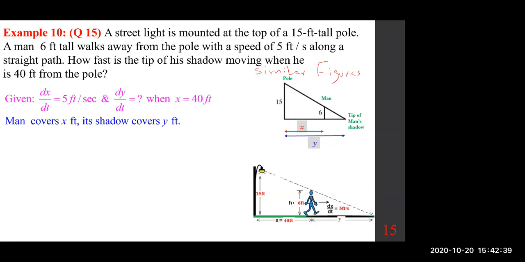If you look at this small triangle versus the large one, they are similar figures. Here's one easy way to find the ratio. This is one side, which is 6, and this is another side, which is 15. So 6 to 15 would be this distance over the total distance.